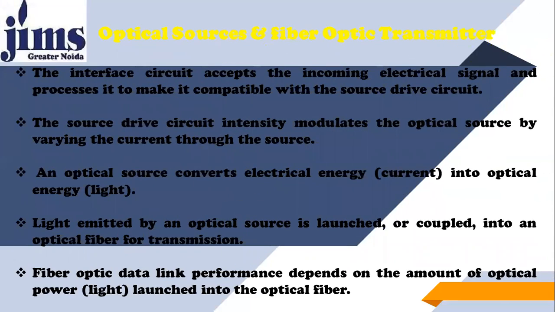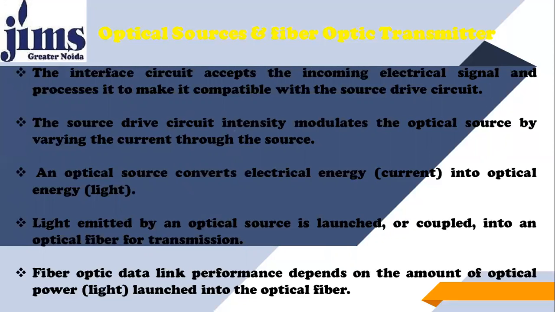The interface circuit accepts the incoming electrical signal and processes it to make it compatible with the source driver circuit, right? The function of this interface circuit is to accept the electrical input, because the input is always an electrical signal, and process it to make it compatible with the source driver circuit.